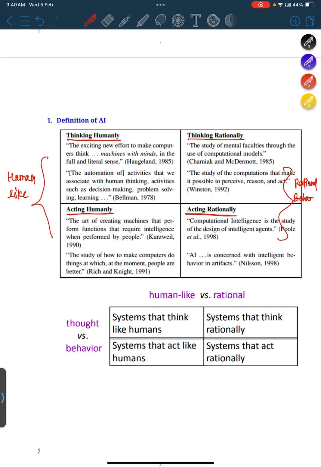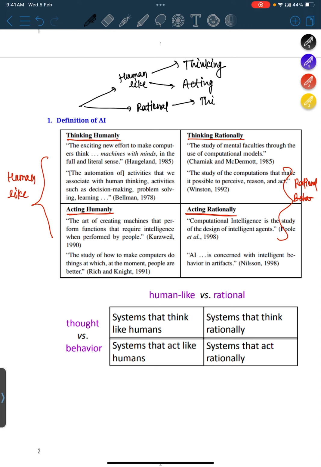So you can think of it as two subcategories, human-like and rational, and each may be about thinking or acting.